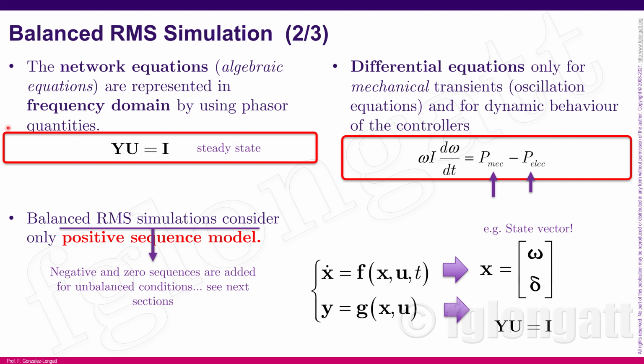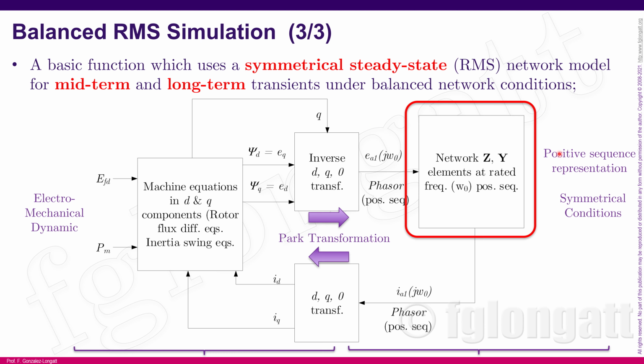However, there is a very important set of equations that we need to be careful with, okay? When we are doing balanced RMS simulations, we have equations coming from the network, like here, that we can use the positive sequence representation, the admittance matrix, and here we can use the most basic representation for the synchronous machine, the electromechanical model, the first differential equation defining the rotational speed, and so on.